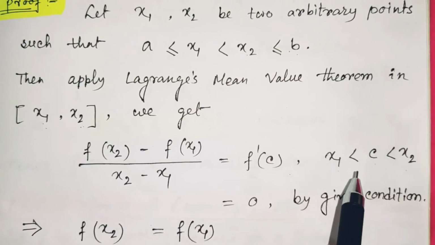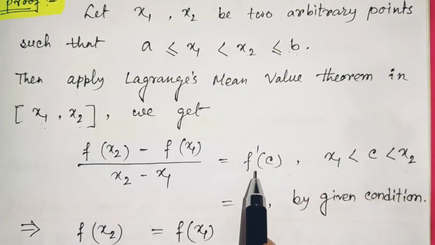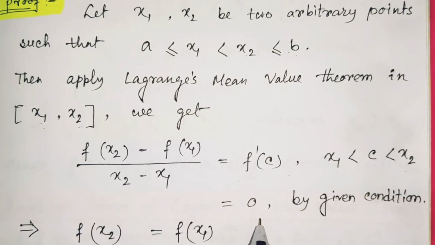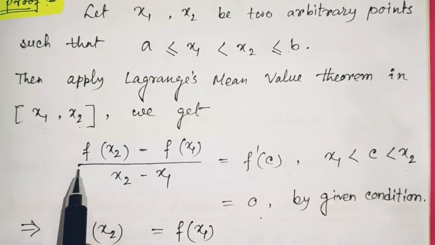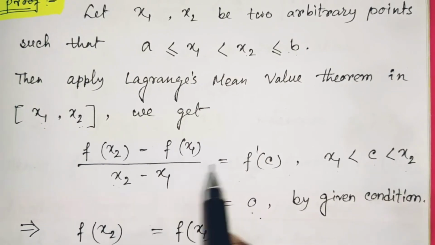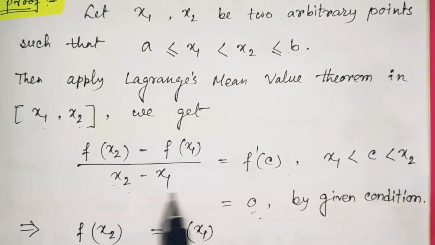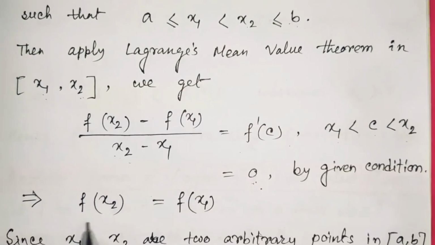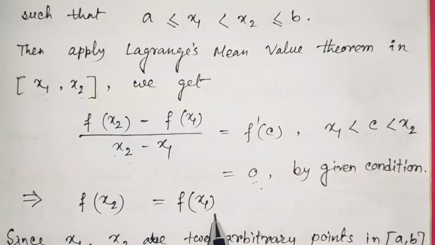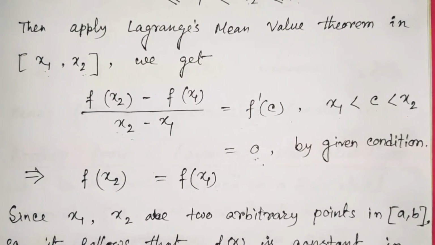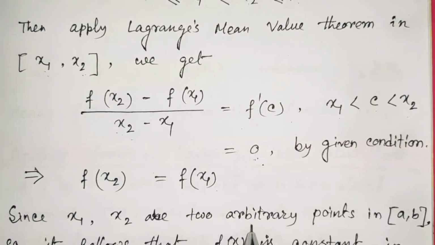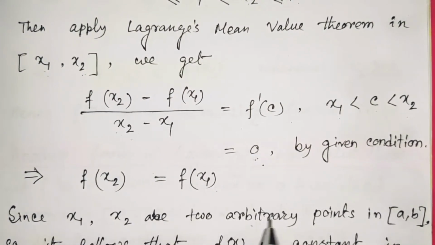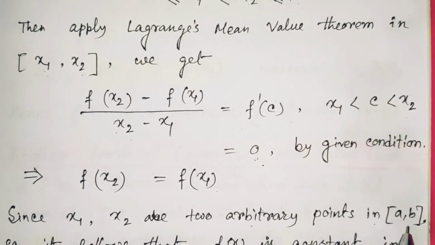According to the given condition, within this range, this derivative value is 0. So what we will find from here is that this one multiplied by 0 means 0, and we will get f(x2) equals f(x1). So x1 and x2 are two arbitrary, different points lying within the interval ab.